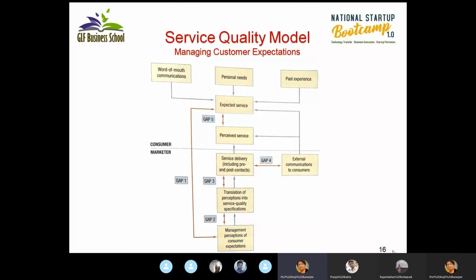Responsiveness is the willingness to help customers and provide prompt service. Assurance is the knowledge and courtesy of employees and their ability to convey trust and confidence. Empathy is the provision of caring, individualized attention to customers, and tangibles are the appearance of physical facilities, equipment, personnel, communication, etc.